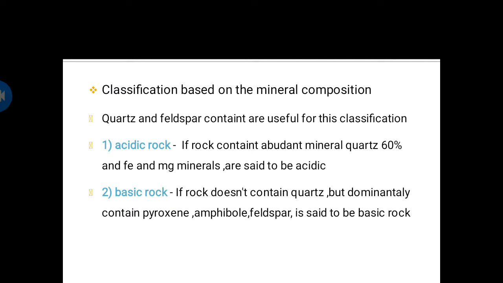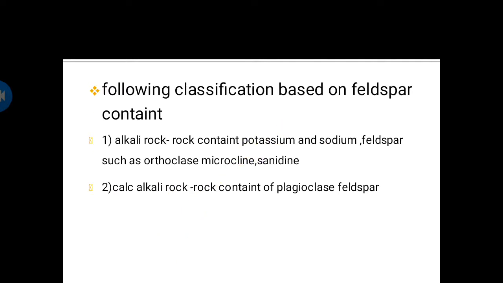The next classification is based on the feldspar content. Basically there are two types of feldspar: potassium sodium feldspar, and plagioclase feldspar. If a rock contains potassium sodium feldspar such as orthoclase, microcline and sanidine, it is called an alkali rock. If a rock contains plagioclase feldspar, it is called a calc-alkali rock.